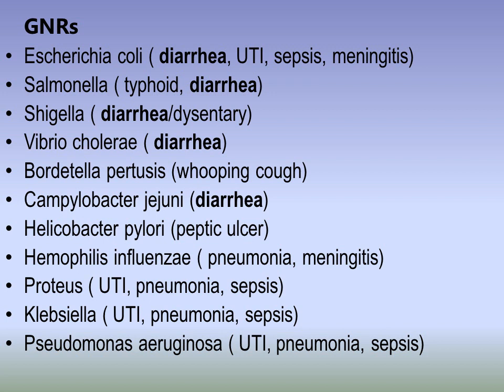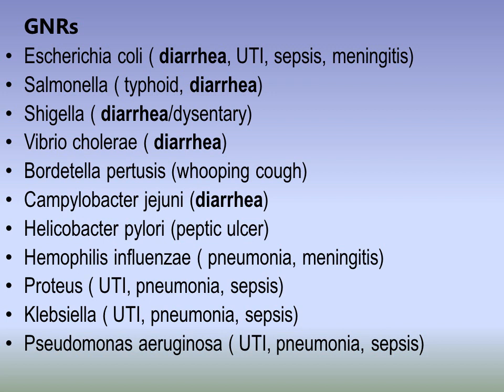Then we have Bordetella pertussis, that you would have heard of: whooping cough. This Bordetella pertussis is responsible for causing whooping cough. Then we have Campylobacter jejuni, that is affiliated with the peptic ulcer disease. We have Haemophilus influenzae causing pneumonia or meningitis.